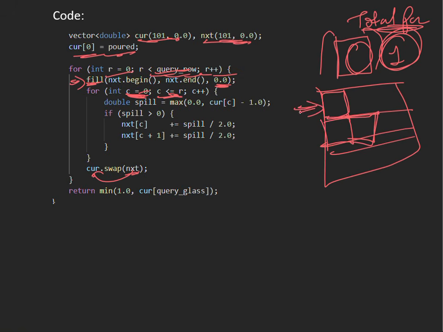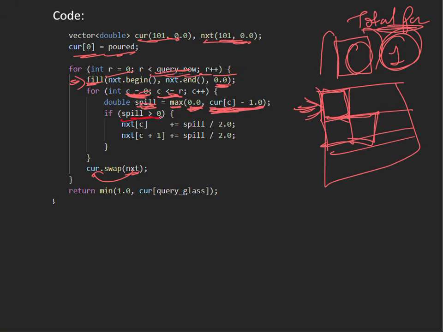So this is our current row, so c goes up to r only. Next, we find how much champagne will spill out from this. That is current of c minus 1, or if current of c is less than 1, then 0, because nothing will spill out. So the maximum of these two: either 0 or current of c minus 1.